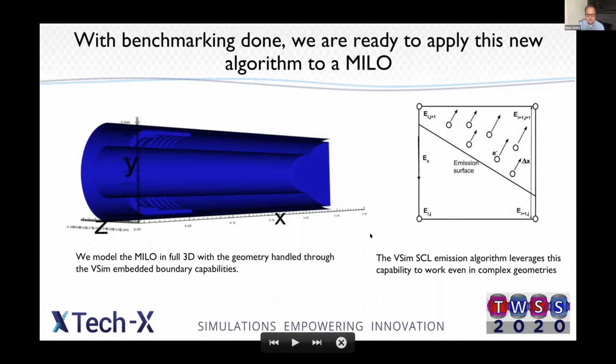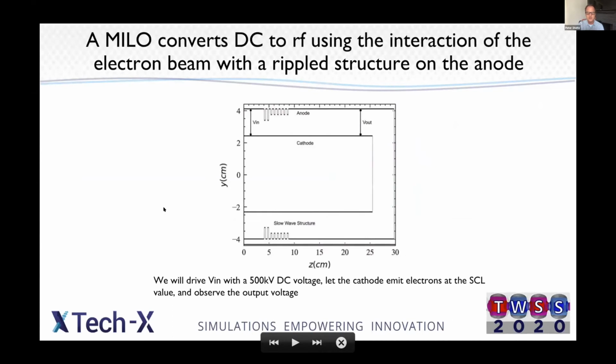Okay, so let's talk a little more about how the MILO works. I've taken a sectional slice now. This is the longitudinal direction down here, and like I said, they're 20 to 30 centimeters long, and something like 10 centimeters in diameter.